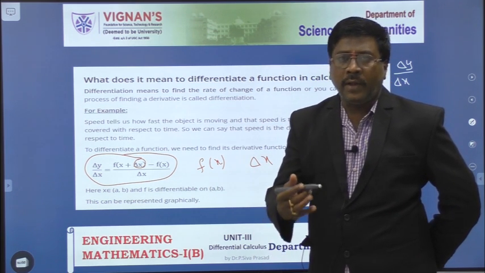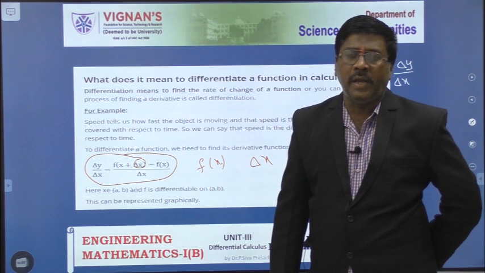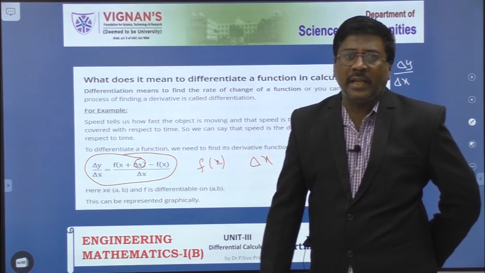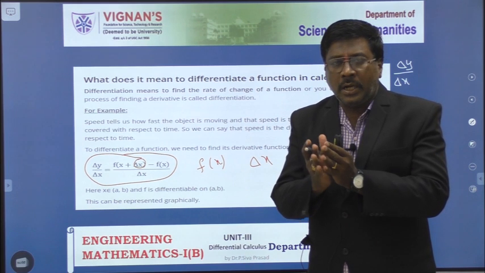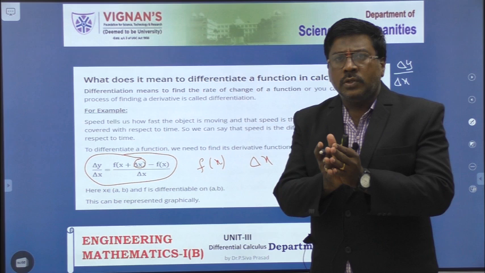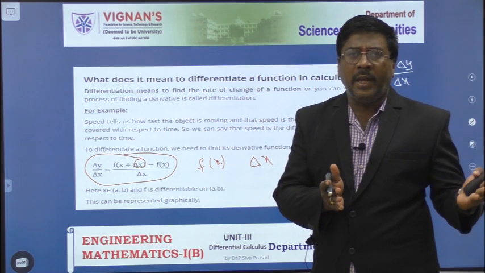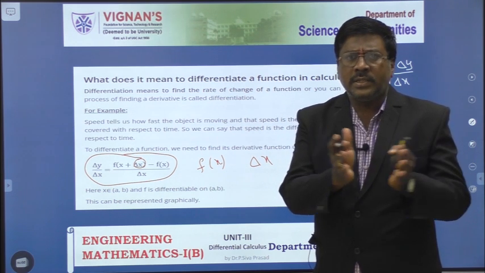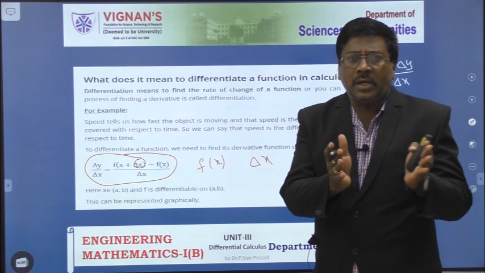Whatever example we considered previously, we take that example. Suppose at a particular time the person is on a bike, and after 1 minute he may have traveled some distance, so a certain change occurs here.